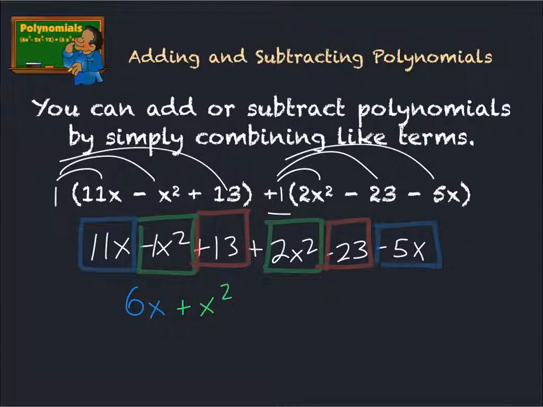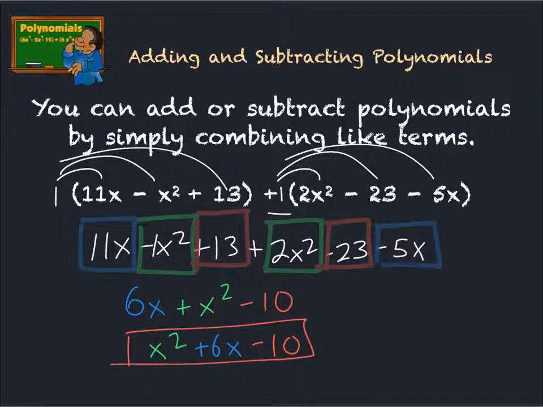And then with the constants, it would just be 13 minus 23, which is negative 10. Now, this is not in standard form, so you would need to change it to standard form, and that would move the x squared up front. It would be x squared plus 6x minus 10. That would be your answer in standard form. And just for fun, what kind of polynomial would this be? This would be a trinomial.